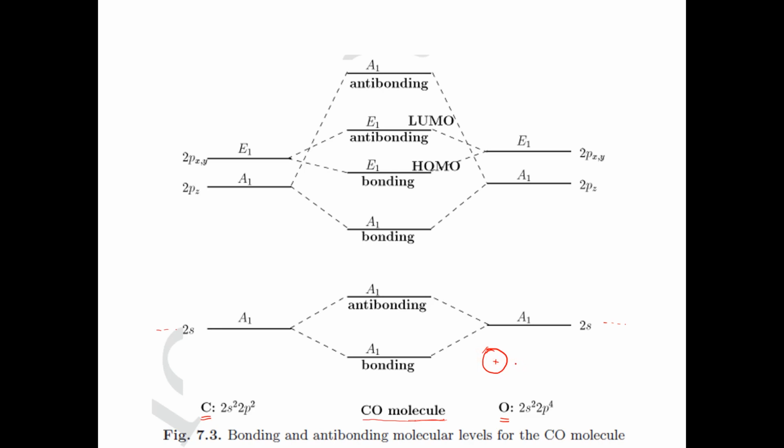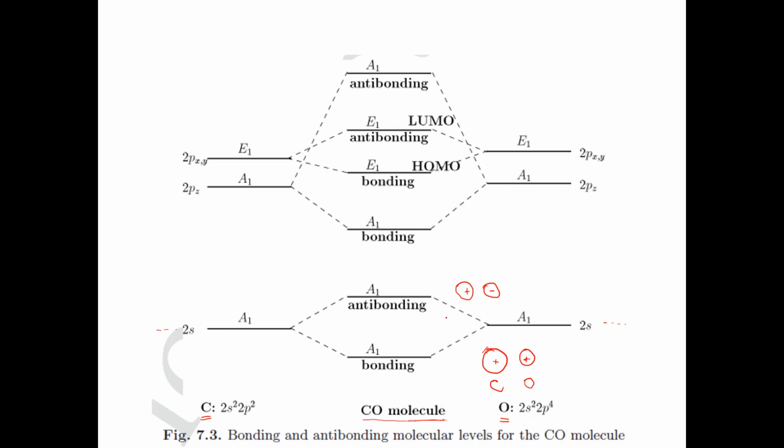So in one case I have C and O s orbitals plus and plus, right? So I build up charge here in the middle, and for the anti-bonding I have plus and minus s orbitals, and these are the 2s combinations that I get.